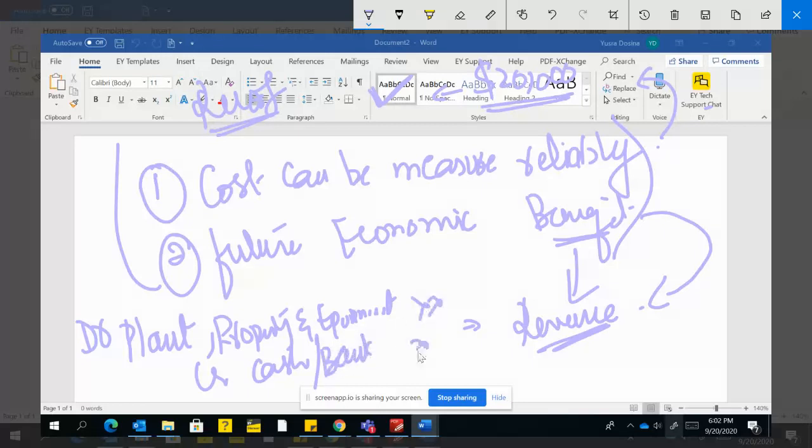So cash or check will be credited. So what is the criteria? Cost can be measured reliably and future economic benefit. Both criteria should be met. Then you can record your asset in your books by making this entry. So how do we record property, plant, and equipment in our books? When these criteria are met, then we can record our asset in our books.